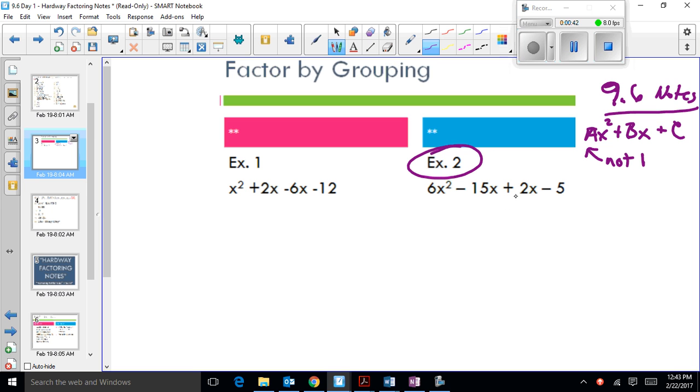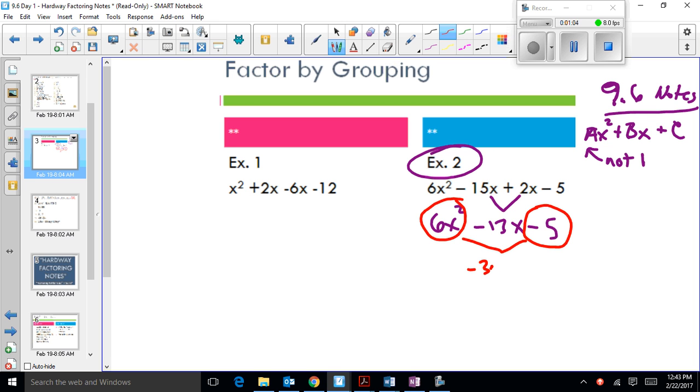We were talking about putting these two terms together to make a negative 13x minus 5, and then we've got a 6x squared here. That's a challenge because we've got 6 as our a term. So here's the process. We take the first and the last terms and multiply them together to get a negative 30x squared.